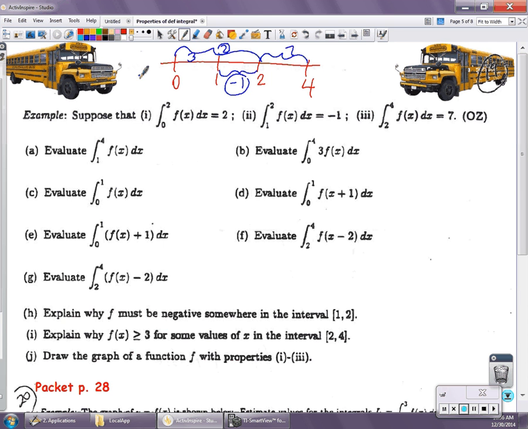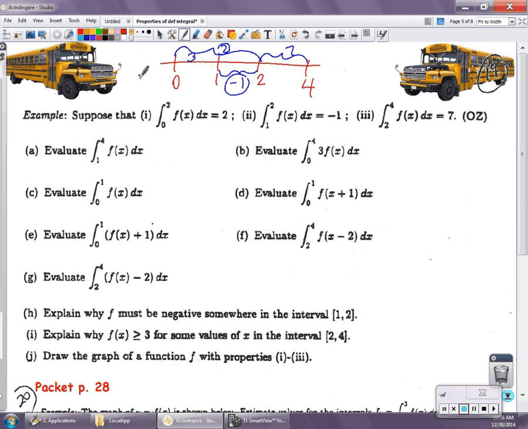Well, 3 minus 1 gives you an area of positive 2. If the area from 0 to 2 is 2, and the area from 1 to 2 is negative 1, then 3 minus 1 makes 2. So I know the area of that particular region. So I have the net areas of all of my regions on my number line. I'm going to use that to answer the following questions.